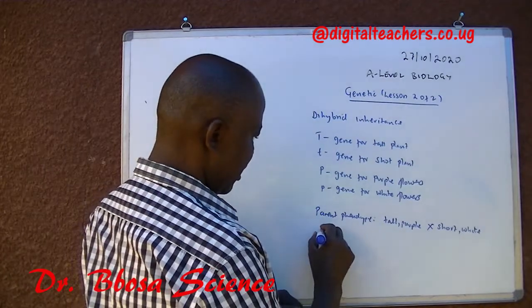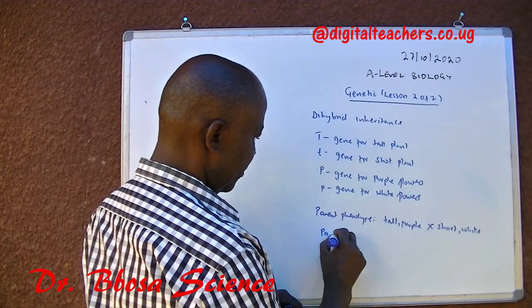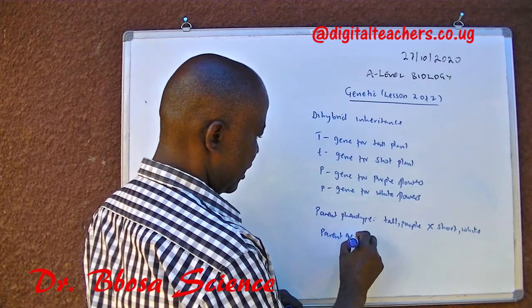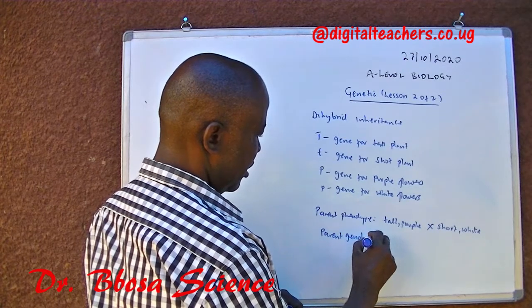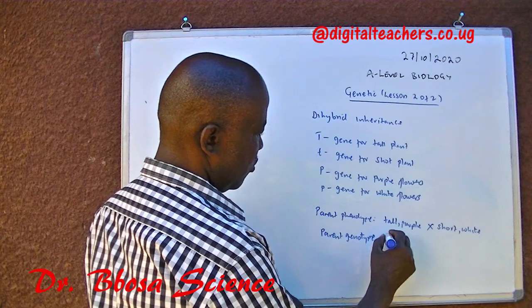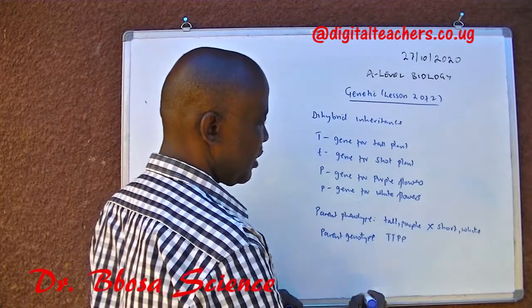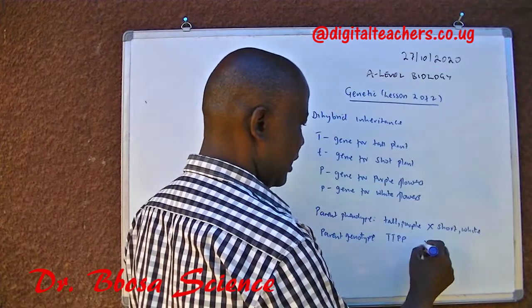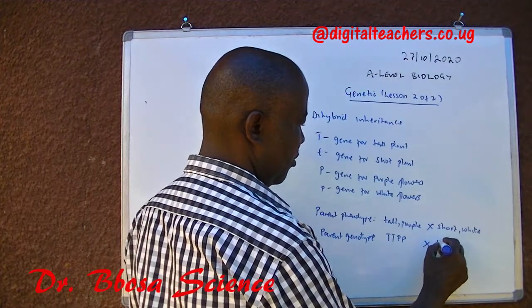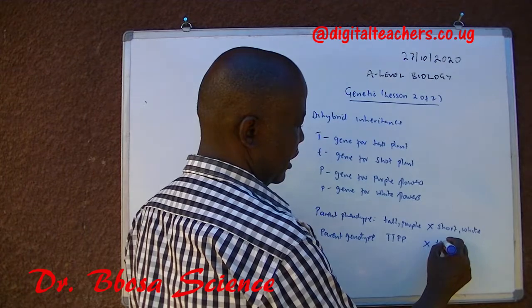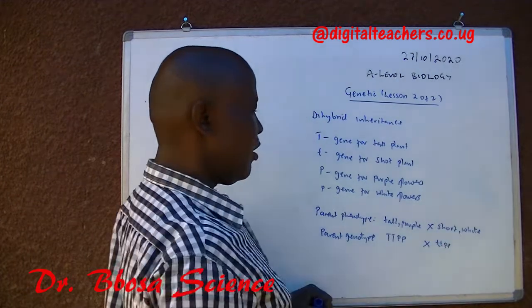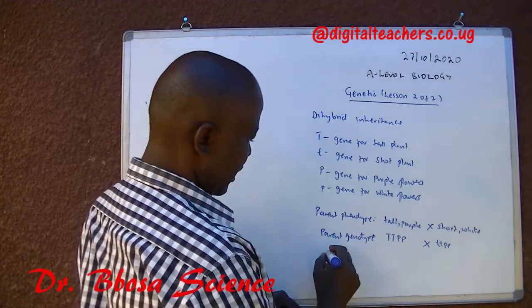Then parent genotype will be capital T, capital T, capital P, capital P, against small t, small t for short, then small p, small p for white.